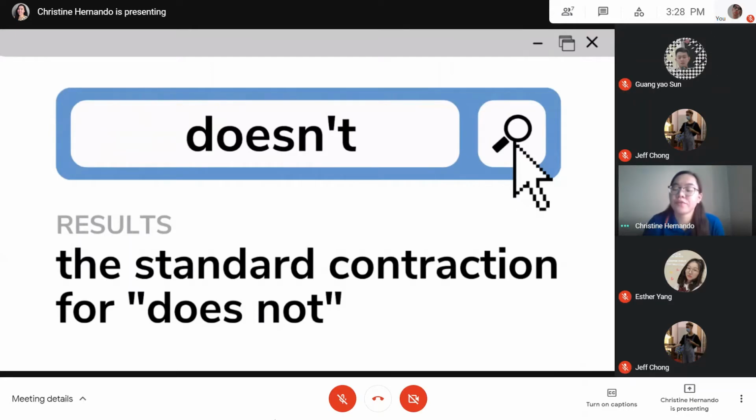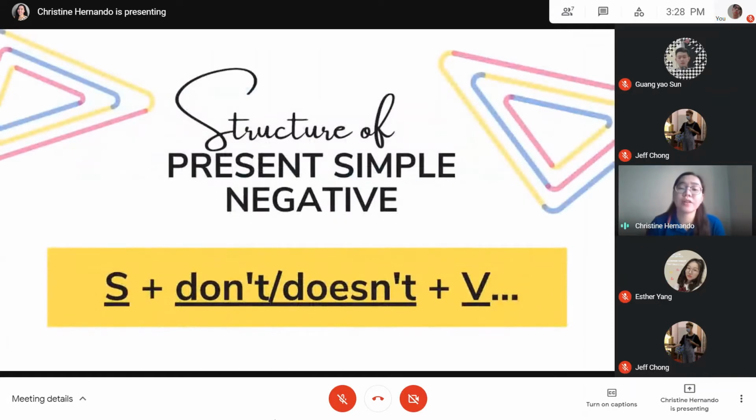For you to further understand our lesson for today, let us look into the structure of the present simple negative. We have here this pattern.